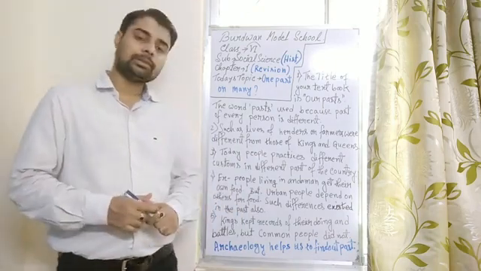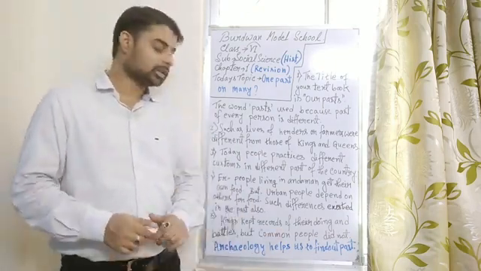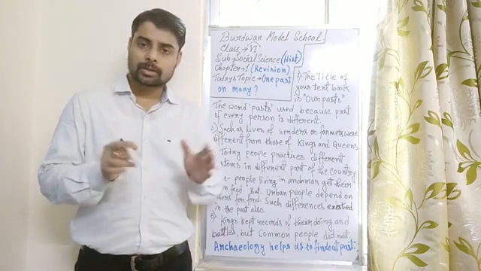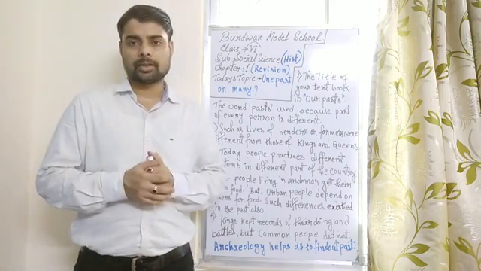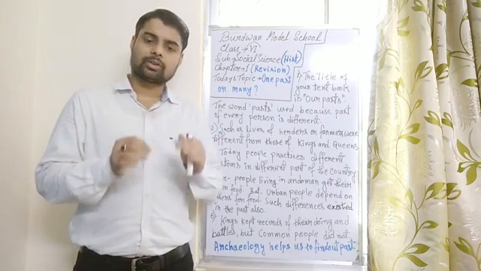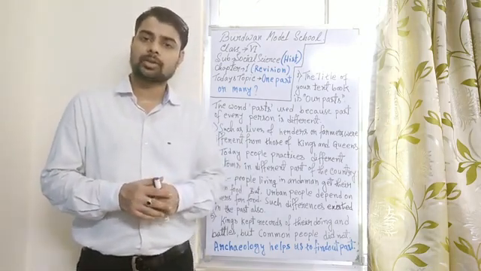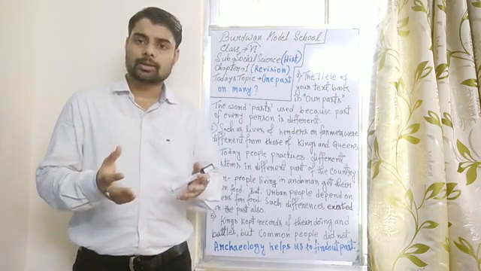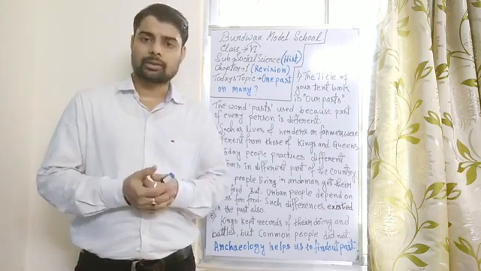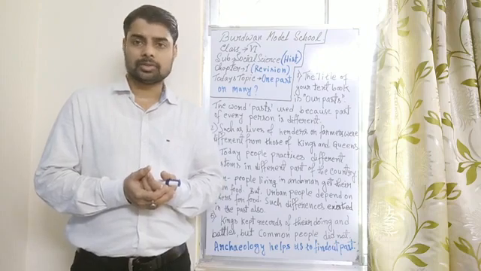But the common people did not preserve their past. They did not write anything about their life, about their practices and customs. So today we are mostly unaware about their activities.